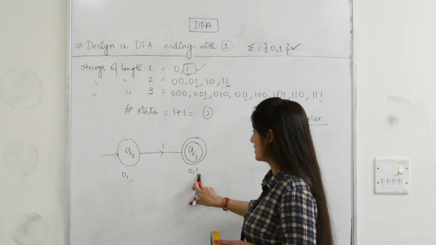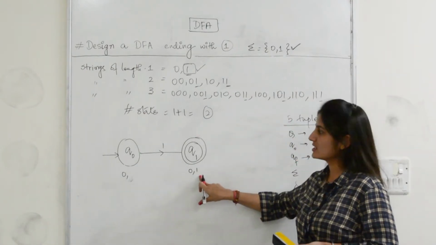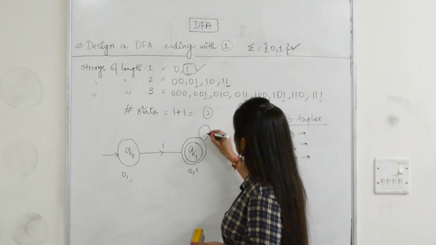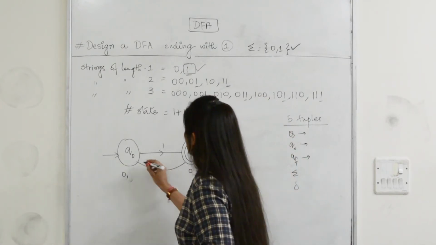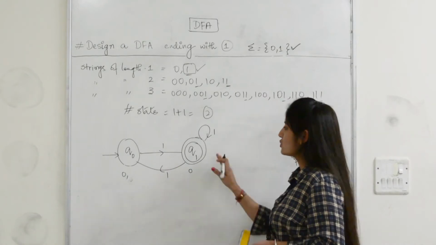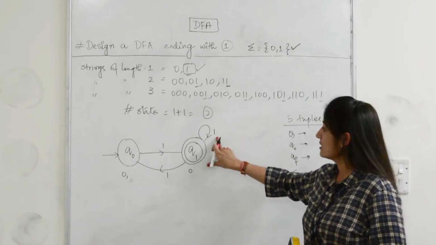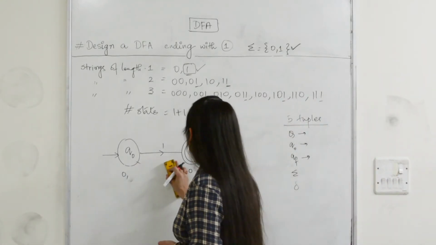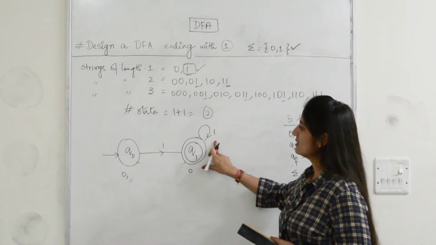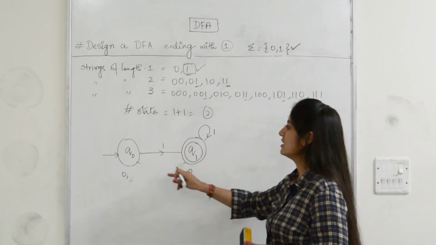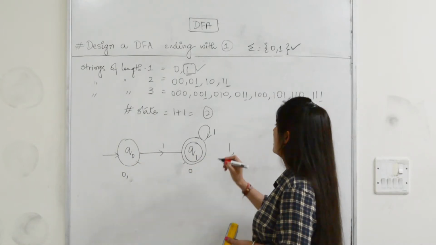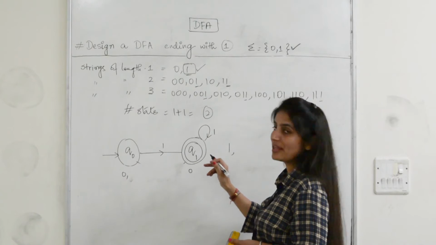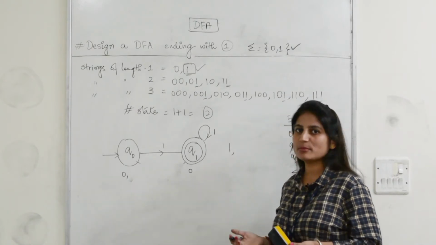Now what about this one? We can have 2 transitions for this. One is a self loop here, or we can have a transition this way. We have to find out which one is correct. Let's first discuss this transition. What are the strings accepted by it? We start from the initial state, reach the final state, and 1 is accepted. Now if I consider this self loop, which is optional, we can take it any number of times.